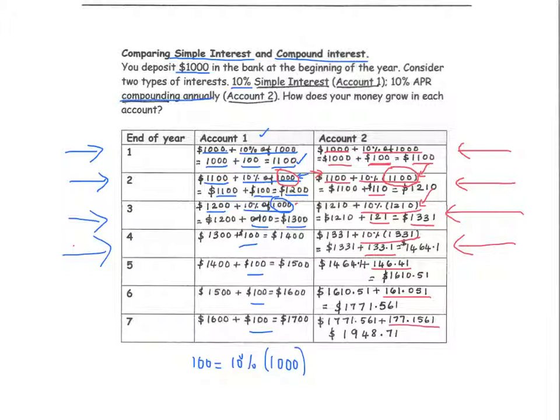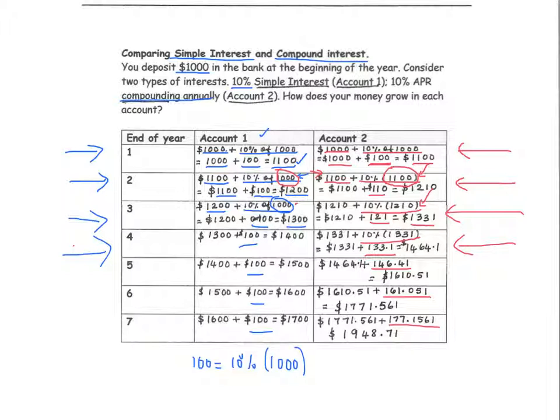So each time interest is calculated on the previous amount, which includes the interest earned over that period of time. This is the big difference between simple interest and compound interest.